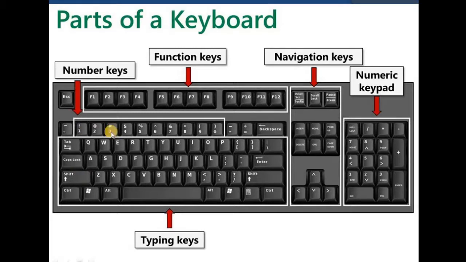These buttons have two functionalities. By default they work as 1 2 3 4 5, but if you want to use their special meaning like @, hash, dollar, percentage, you have to press the Shift button and then use them.